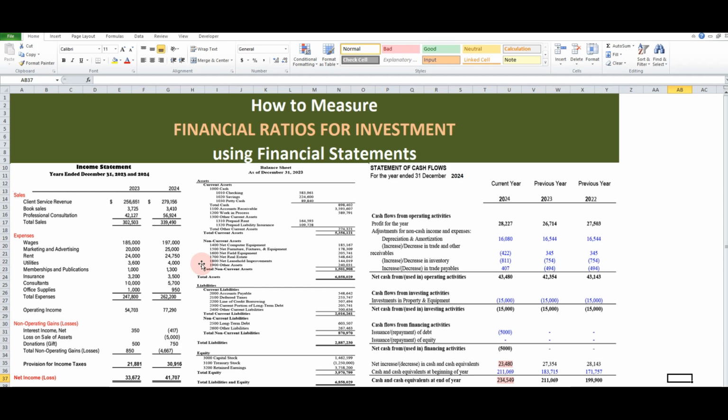Finally, gross profit margin reveals how efficiently a business manages production costs. Together, these eight ratios provide a comprehensive snapshot for making smart, confident investment decisions. For a deeper understanding of how to calculate these ratios, let's move on.